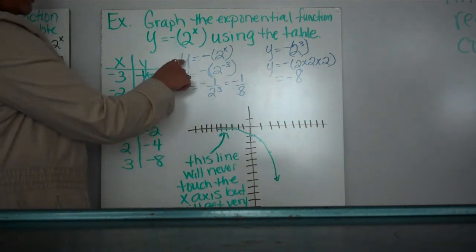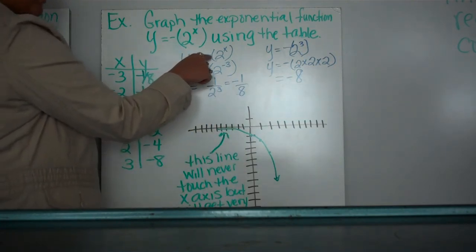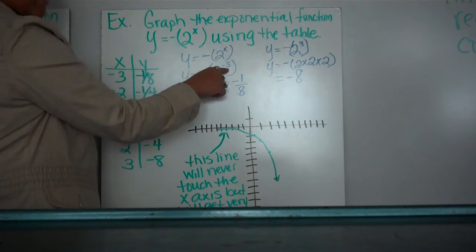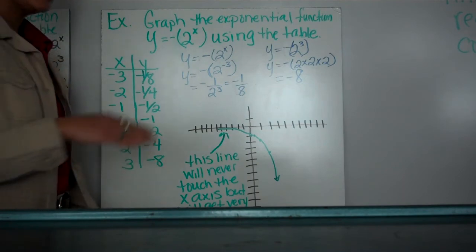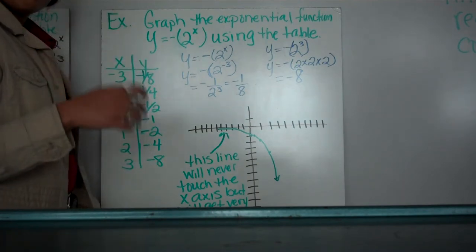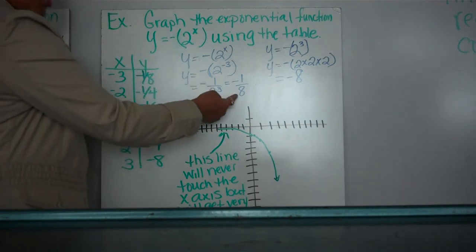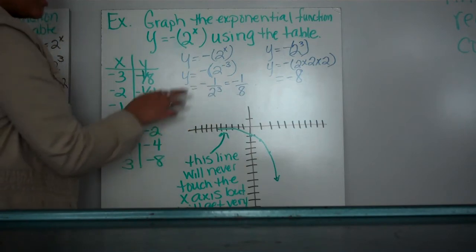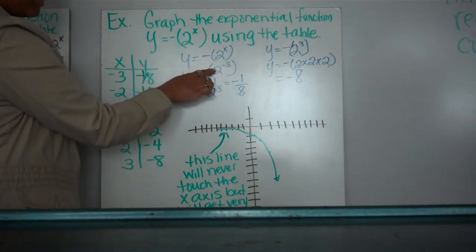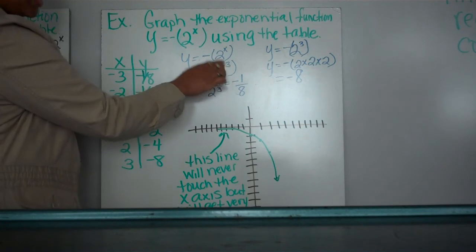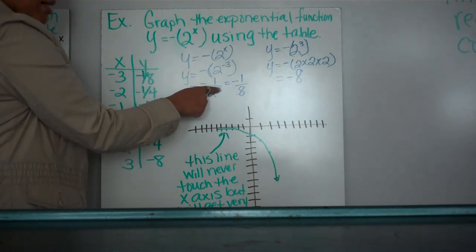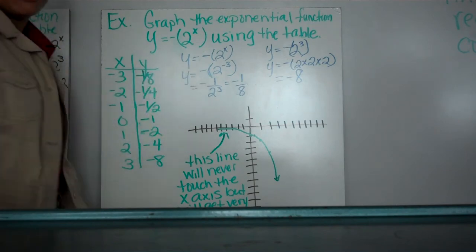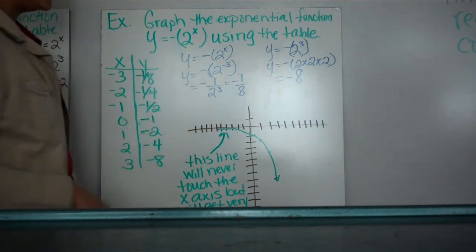So when x was -3 on the last function, y equals 2 to the -3, we got 1/8. So the opposite of 1/8 would be -1/8. You would still flip: instead of 2 to the -3 over 1, it would be 1 over 2 to the positive 3, but the opposite of that. So this will be -1/8.